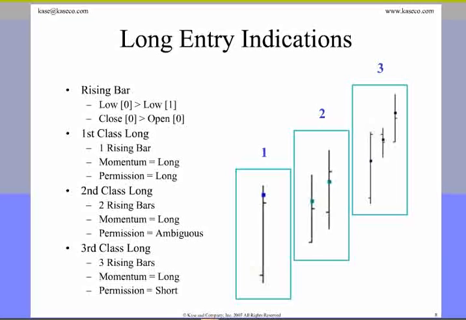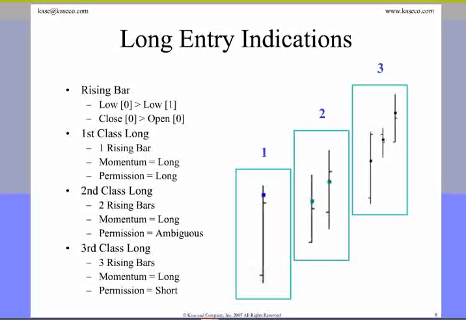So in case 2, the permission was ambiguous, so you needed 2 rising bars. In a situation where you have the momentum long, but the permission is still short, you need 3 rising bars, as shown with the 3, to get a signal.